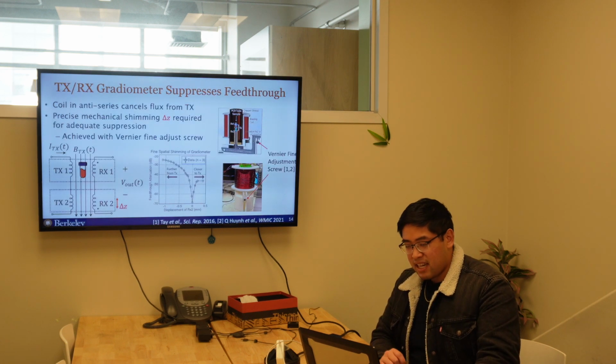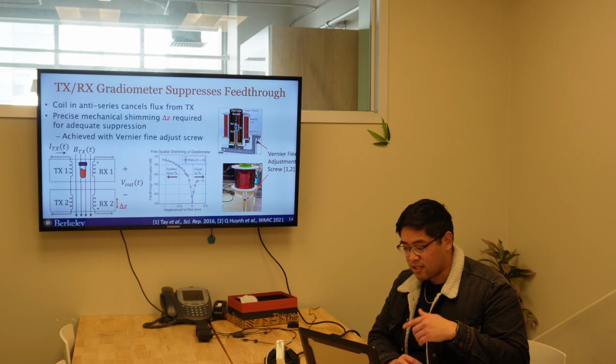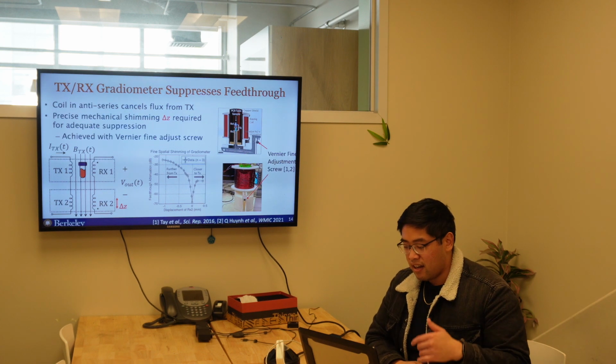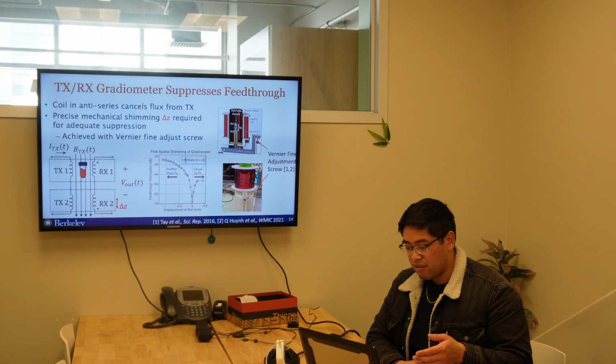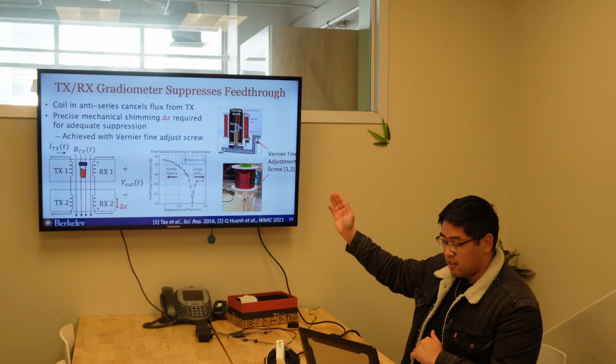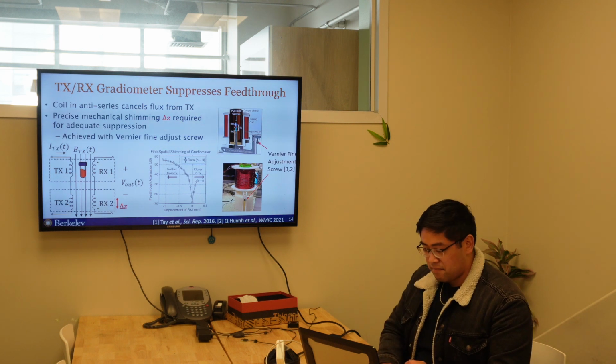So one way we mitigate feed-through is with a gradiometer cancellation coil that's wound in anti-series with the receive coil to cancel the feed-through. We need precise mechanical shimming for adequate feed-through suppression. So my instrumentation includes a Vernier fine adjustment screw to accomplish this.